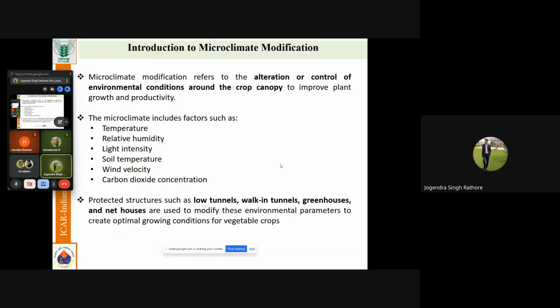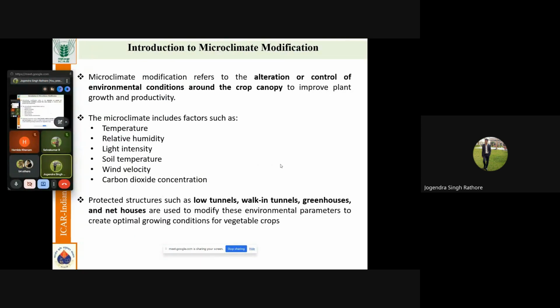The factors which affect microclimates are temperature, relative humidity, light intensity, soil temperature, wind velocity, and carbon dioxide concentration.